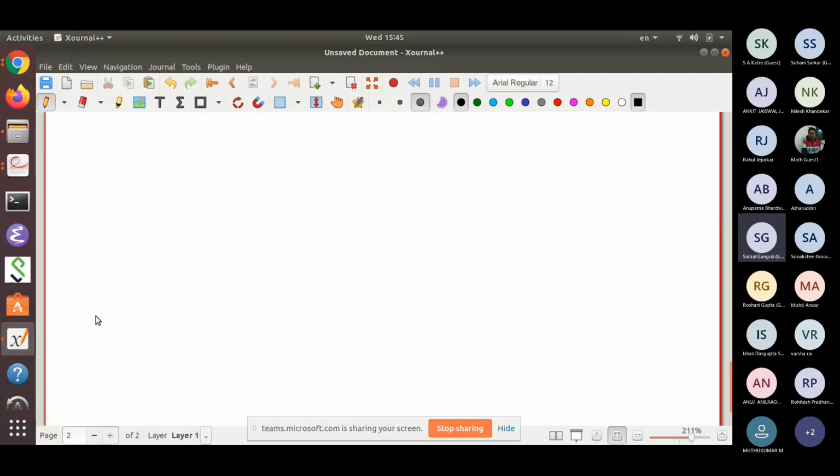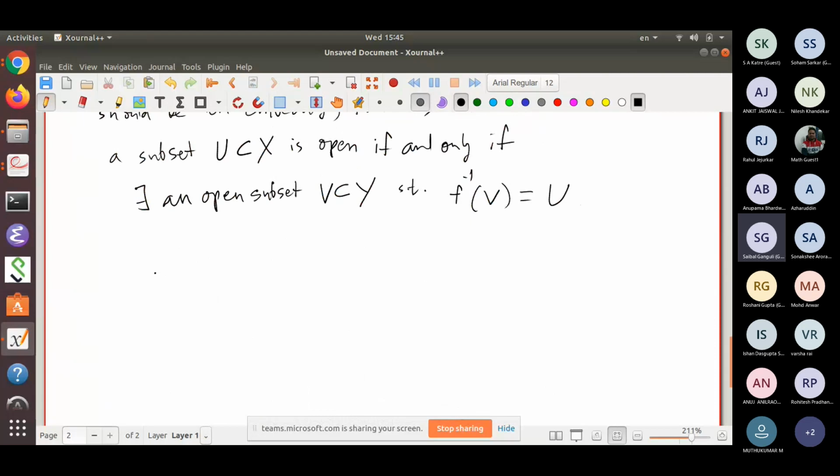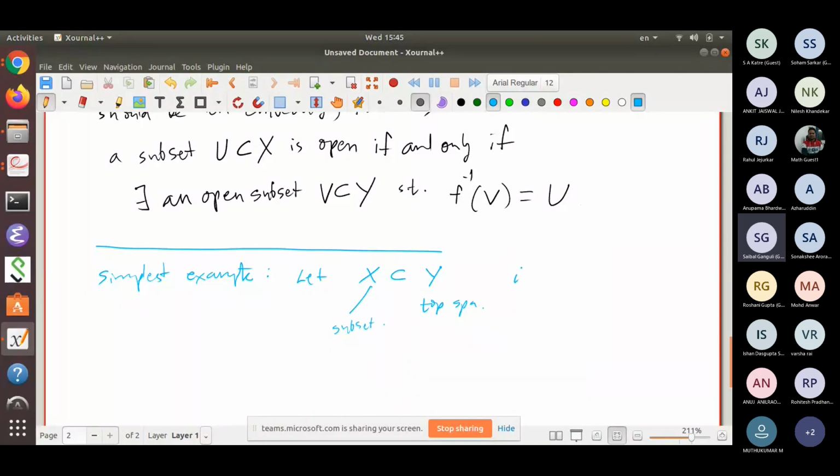So what's the simplest example of embedding? Simplest example, let X, this is a topological space, this is a subset, and let i from X to Y be the inclusion map. Now we have to make X a topological space.